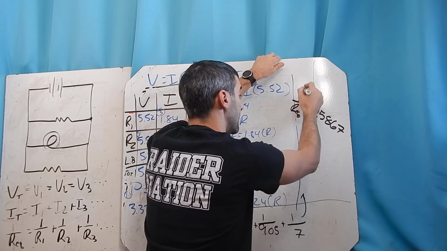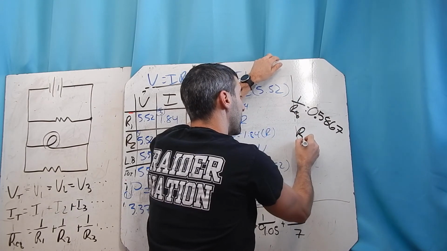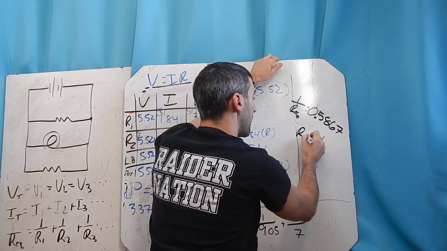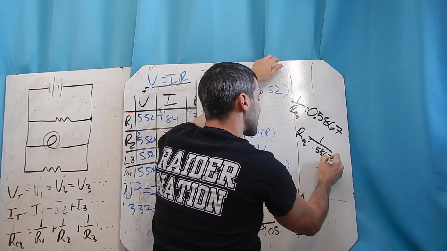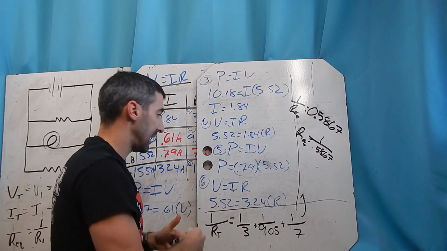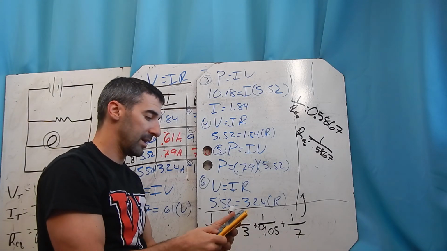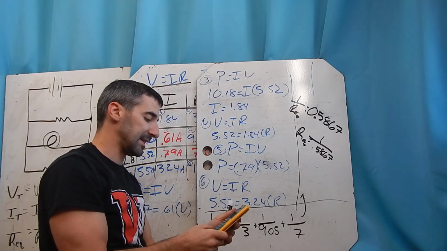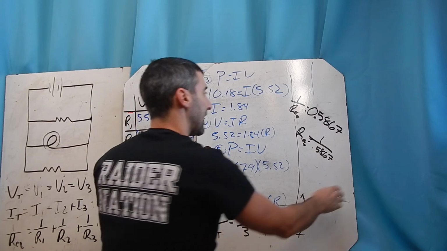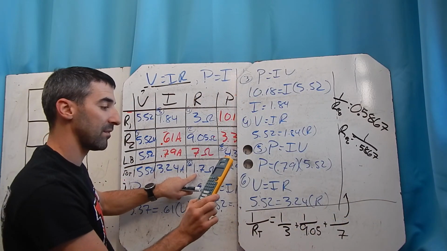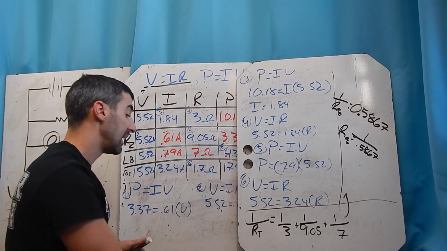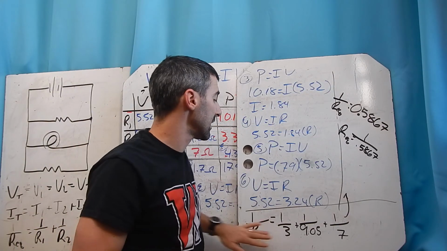So that means I turn this upside down. REQ equals 1 divided by 0.5867. So now on my calculator, 1 divided by 0.5867, and I get that same 1.7044, so 1.7. We do need to learn how to do that.